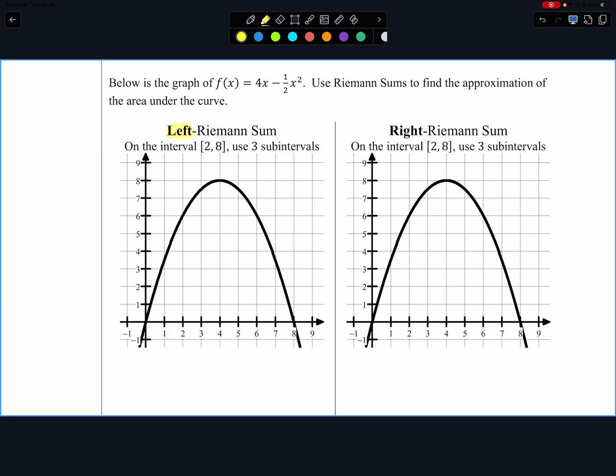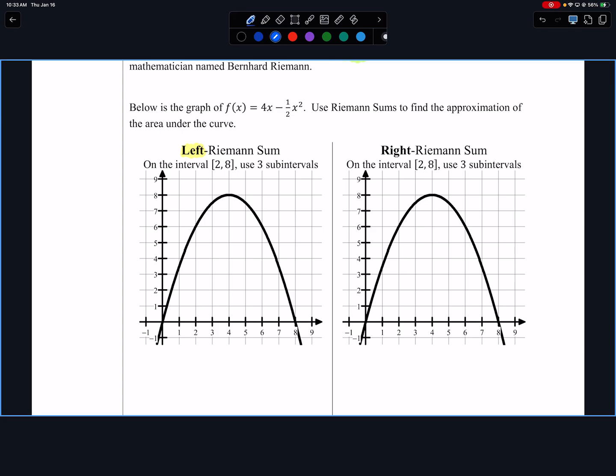all of these problems, the first step is the same. To find the width, I want you guys to write this down and put a box around it. The width is always b minus a divided by n. Where a is the first number in the interval, b is the second number, and the number of subintervals they tell you, that's n.